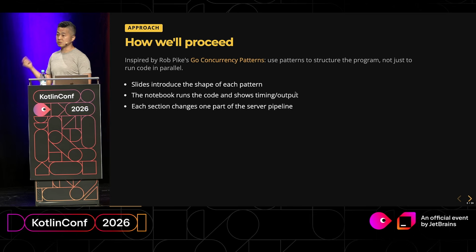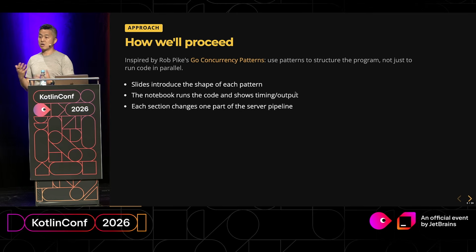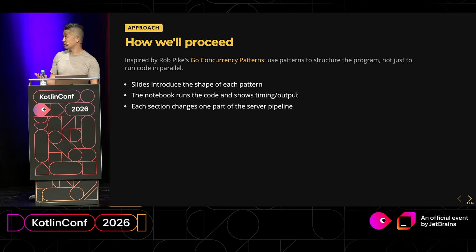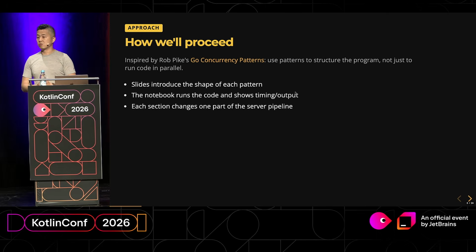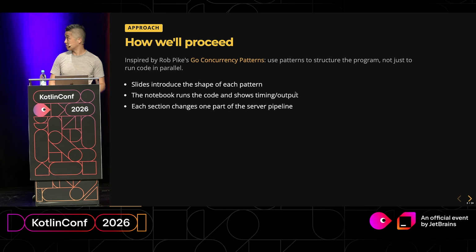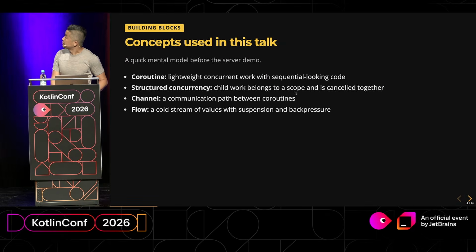You have to see the results, and especially concurrency is naturally non-deterministic, so you need to run the program a couple of times to see the different results and the characteristics of each pattern. Each section will change one part of the server pipeline, so we don't have a lot of things together. We will solve one problem at a time, piece by piece, step by step.